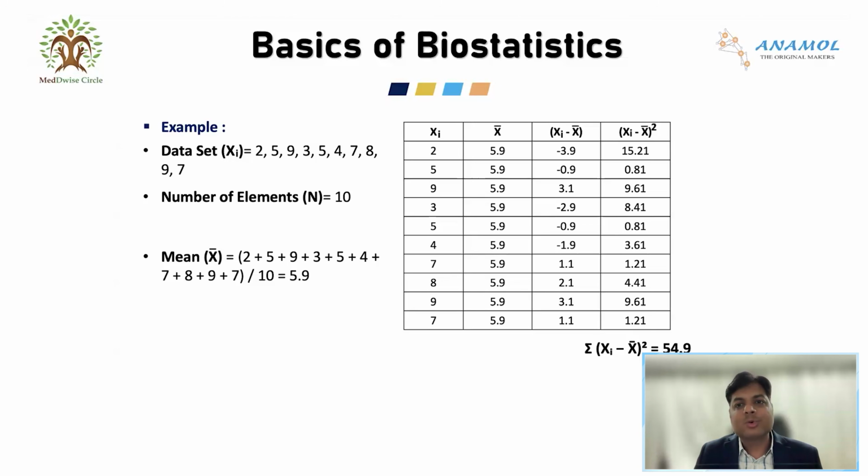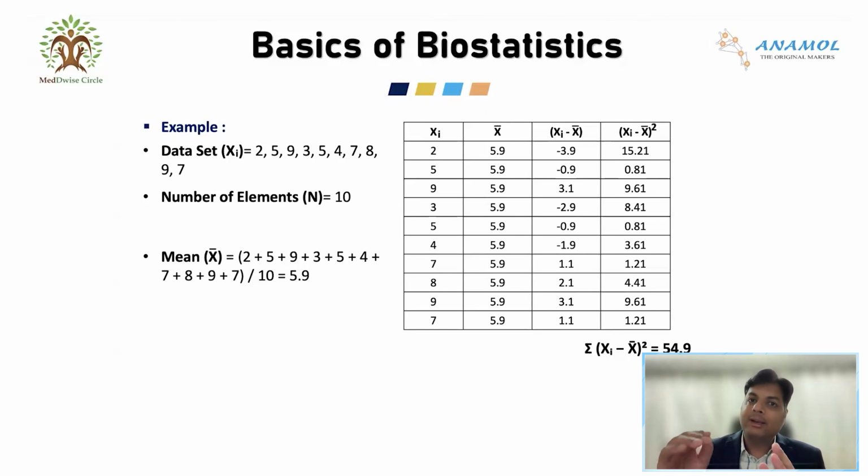So if I square minus 3.9, I will get the value as plus 15.21. Similarly, if I square the value of minus 0.9, then minus 0.9 into minus 0.9 will become plus 0.81. I did the square because I wanted to remove the negative sign, because when I take the summation, the negative sign should not cancel the positive sign.